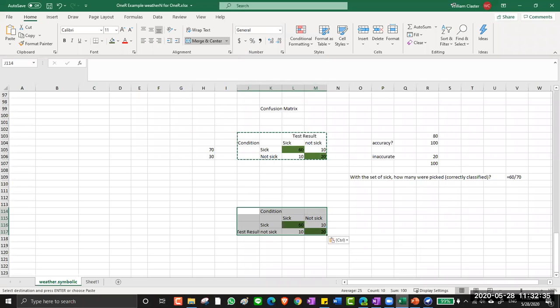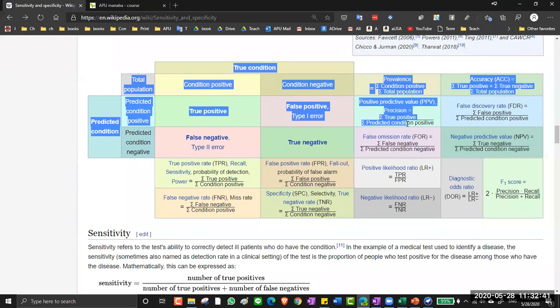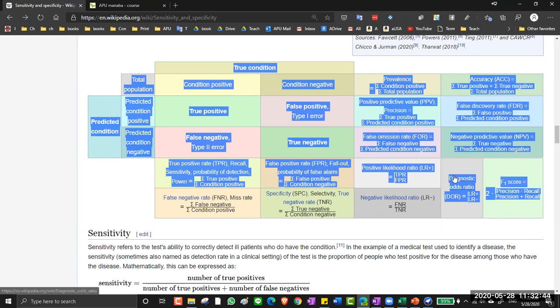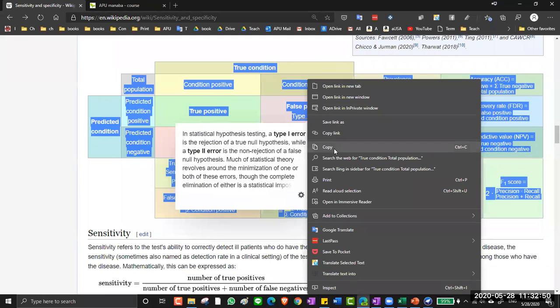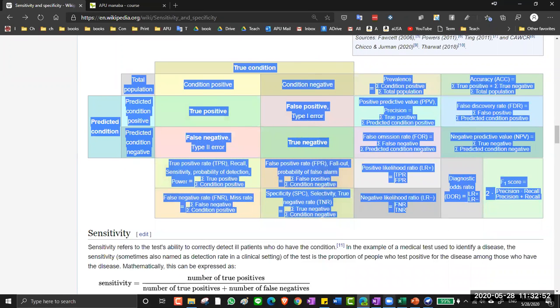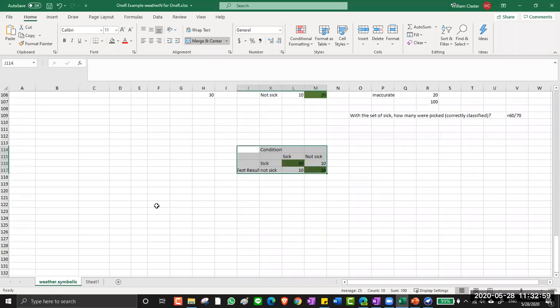So let's just try and copy the whole thing into my sheet. Maybe what I should have done was copy this one in the opposite direction, but okay. Let's put this here.